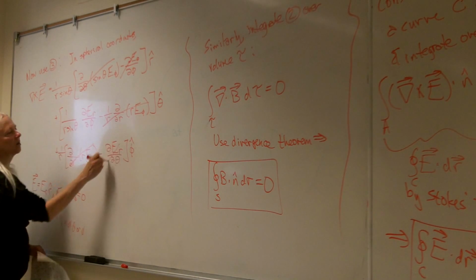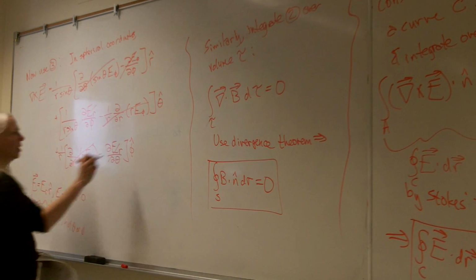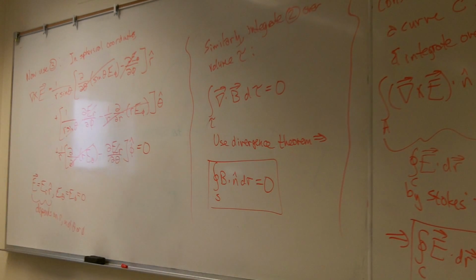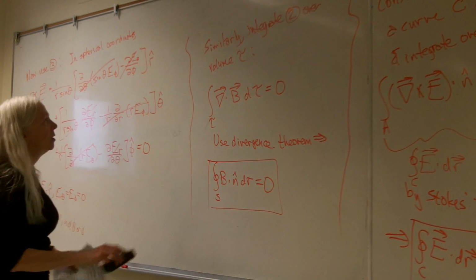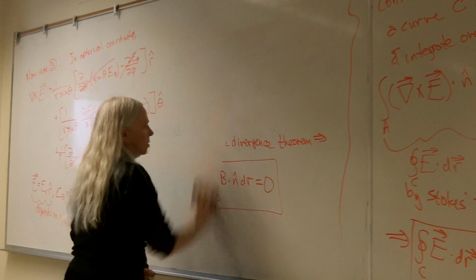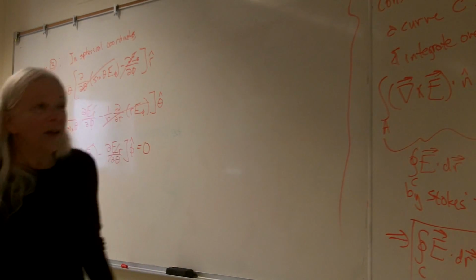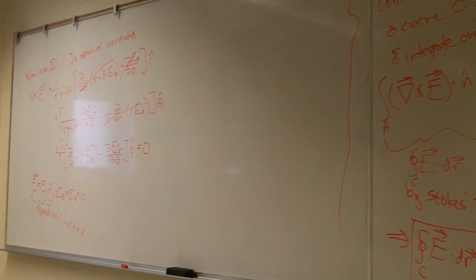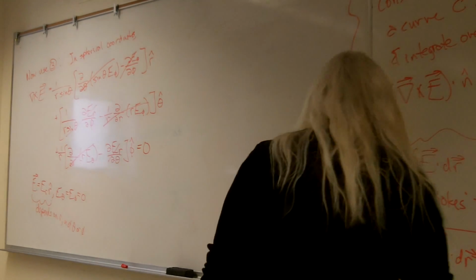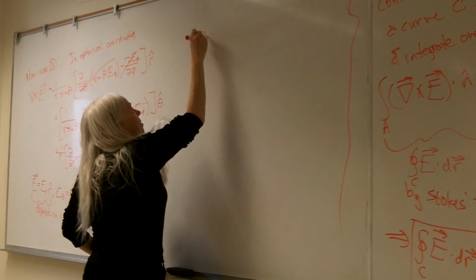So that means this derivative and this derivative are 0 also. Okay? So the curl of E is 0.